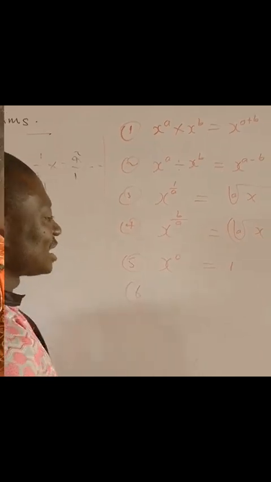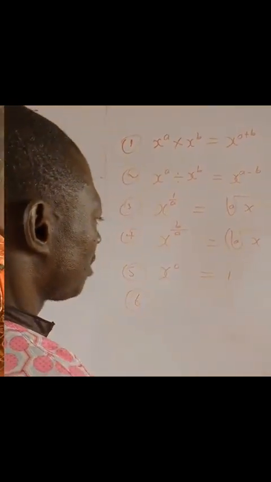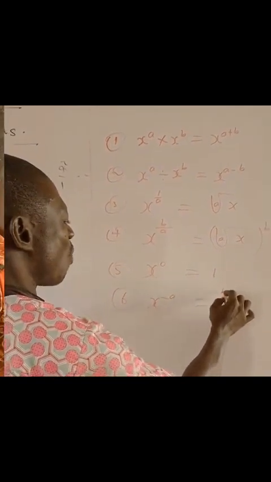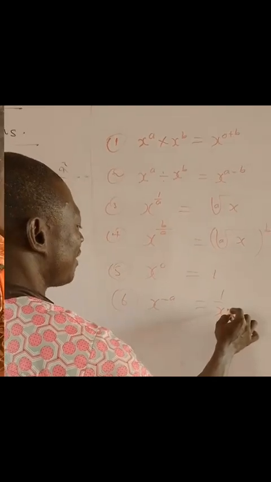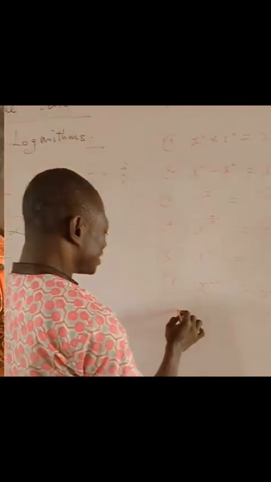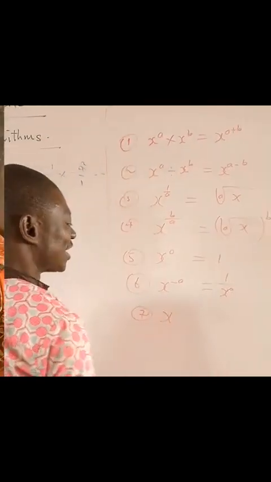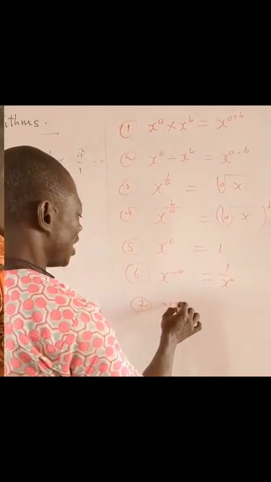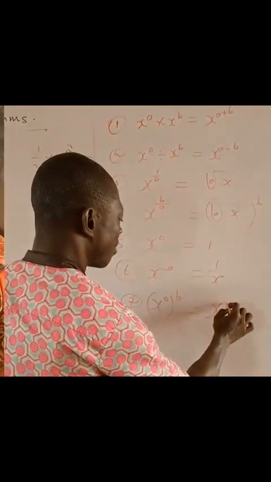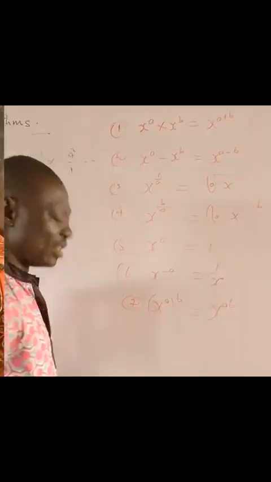Number 6, x raised to the power minus a being equal to 1 over x raised to the power a. And finally, number 7 here, x raised to power a, bracket, raised to power b being equal to x raised to the power ab.